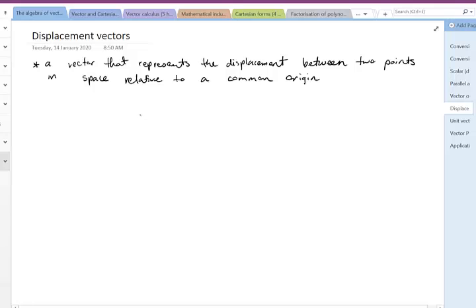So imagine we have 2 points A and B, and we'd like to create a vector AB. A displacement vector assumes a common origin, so this is usually that point 0, 0.